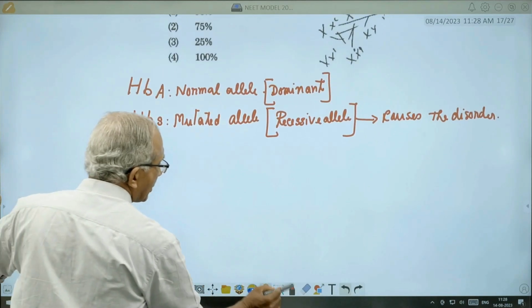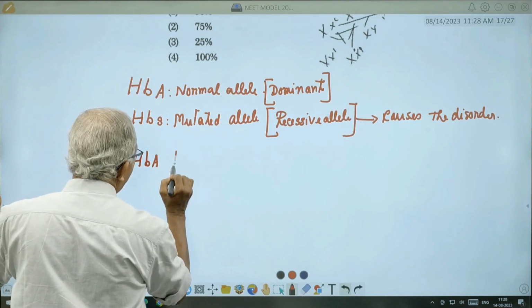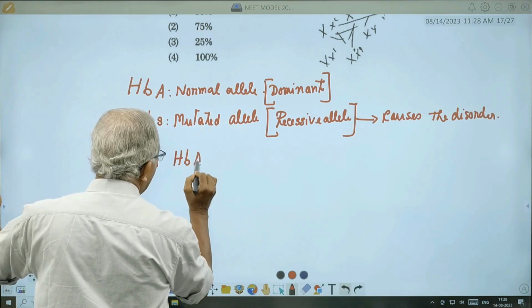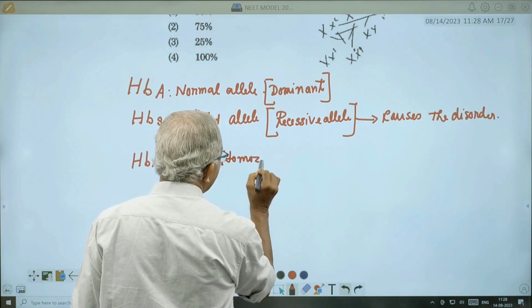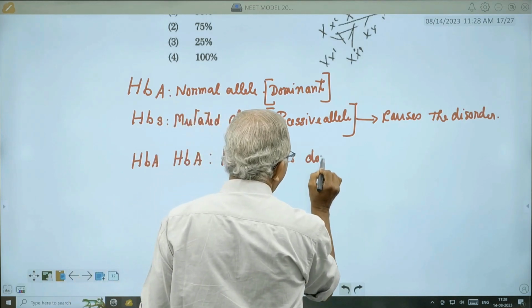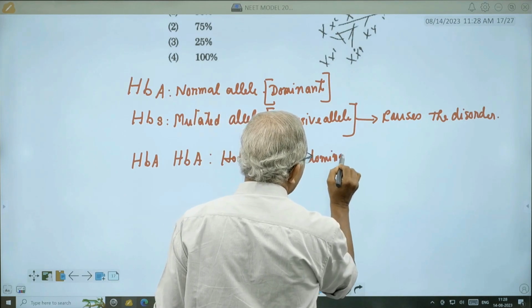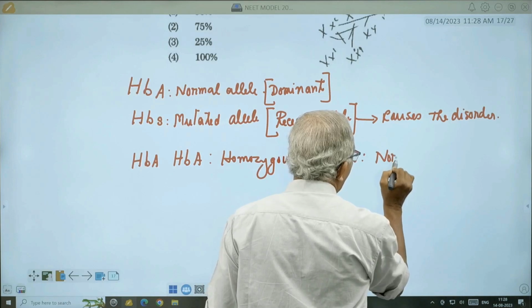HBA HBA is homozygous dominant. They are normal.